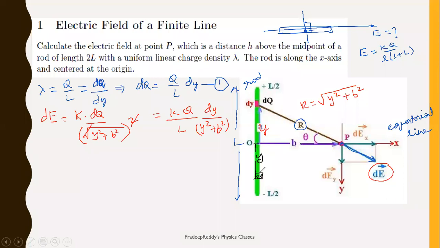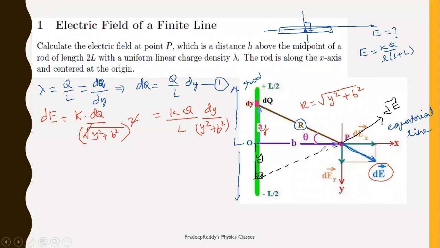Now the field because of this very small element will be in which direction? Definitely it should be in this direction, right? That field will be in this direction.